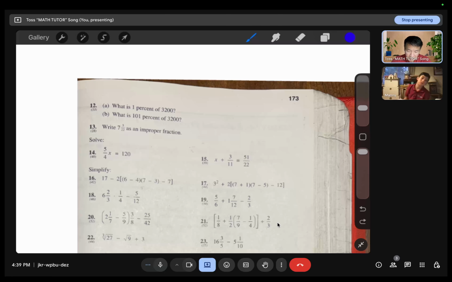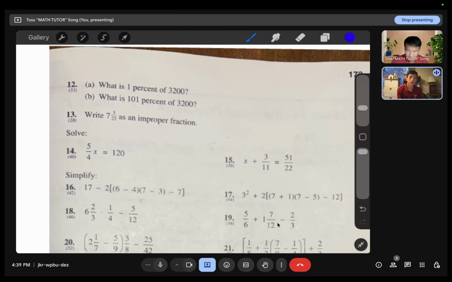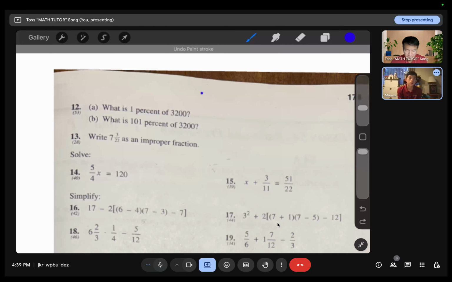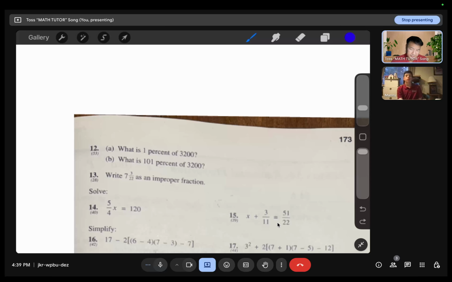Okay, now, do you want to tell me the answer mentally for 12? The A, the first one. You can tell me the answer, or if you want, you can tell me how to set it up. 0.1 times 3,200.